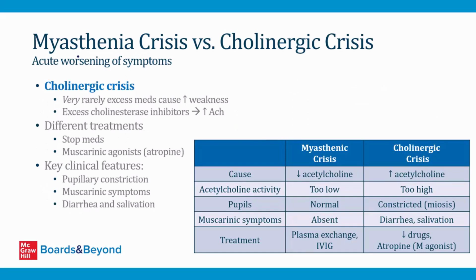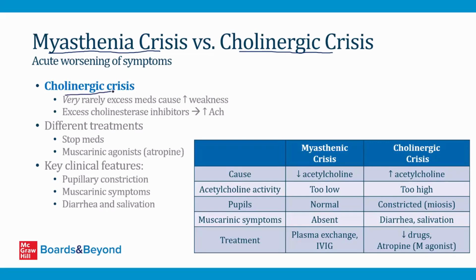When a person who has myasthenia gravis presents with an abrupt worsening of symptoms, the diagnosis is almost always myasthenia crisis. However, you do have to consider that it is possible that they could instead have a cholinergic crisis, which is another phenomenon that can occur in myasthenia patients that also leads to an acute worsening of symptoms.